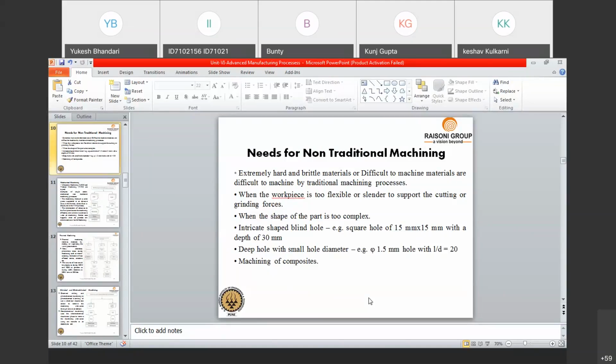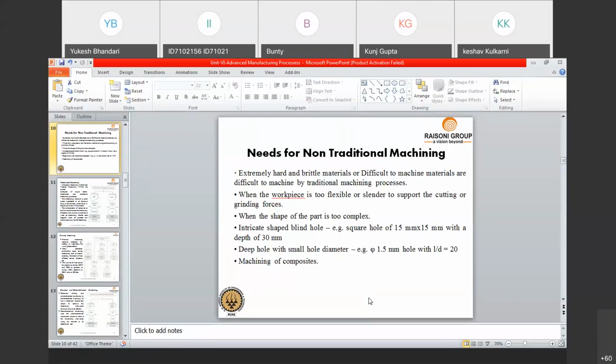Then, a workpiece needs to support different types of cutting forces or grinding forces. You are not sure whether the workpiece will be sustained when we use traditional machining processes. In these cases, we use non-traditional machining processes.